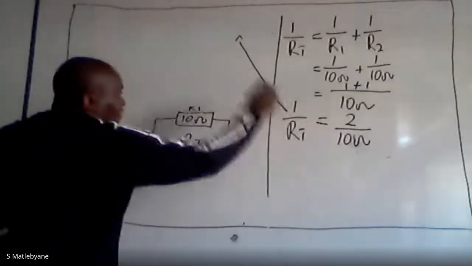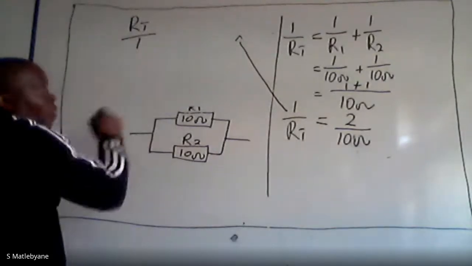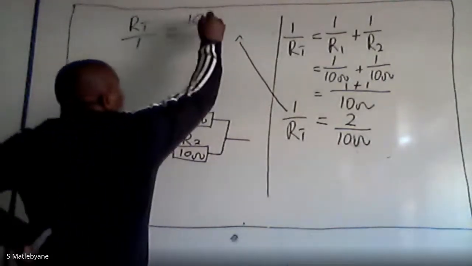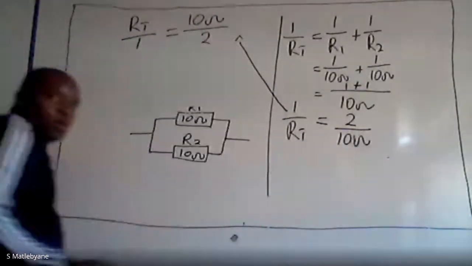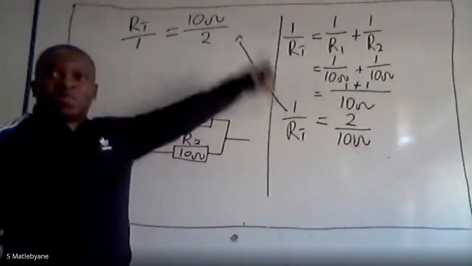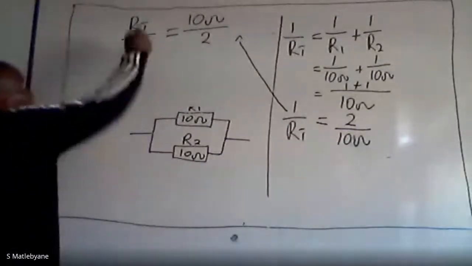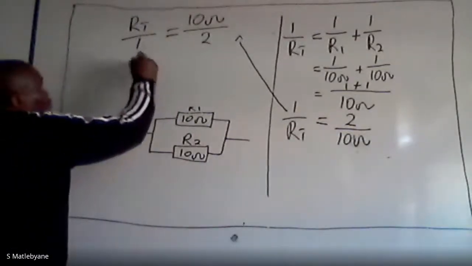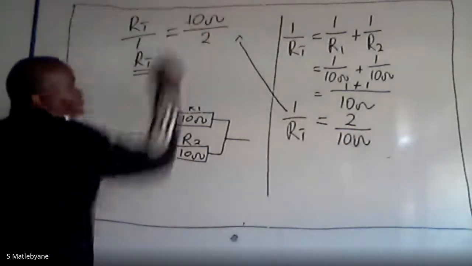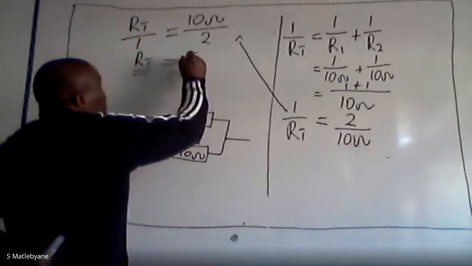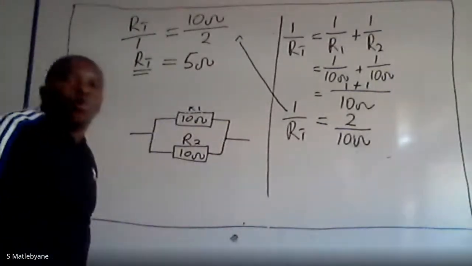You take this, you turn it around, it becomes RT equal, divide by 1, equal to 10 ohms divided by 2. So what you do on the left-hand side, you do on the right-hand side. Then from here, 1 divided by RT, it will be RT. Now this is the total resistance, which is equal to 2 divided by 10. So it will be 5 ohms.